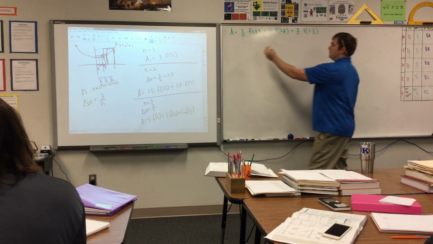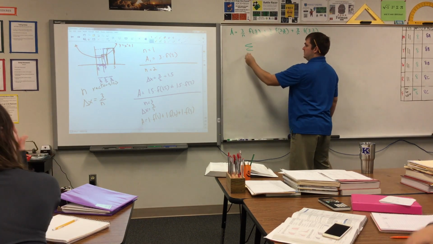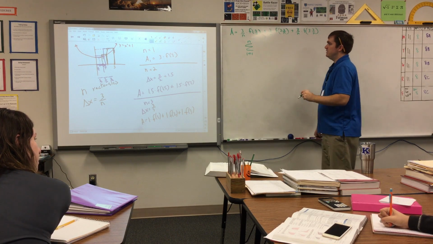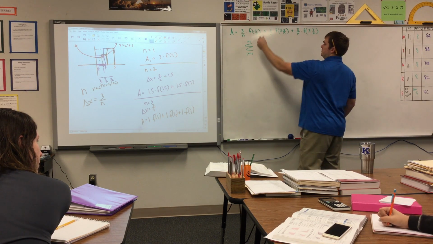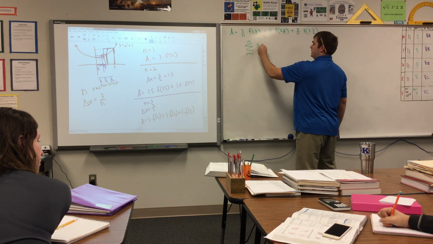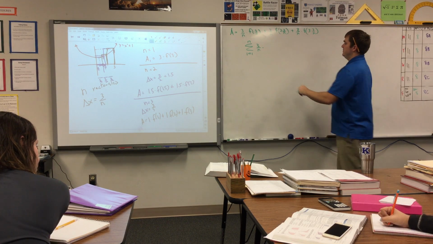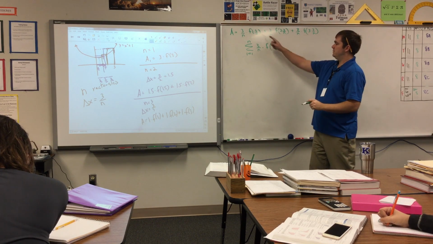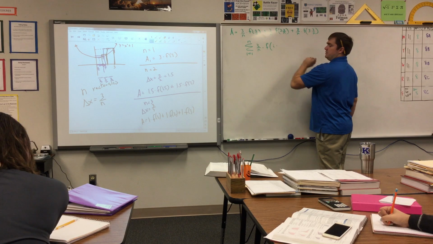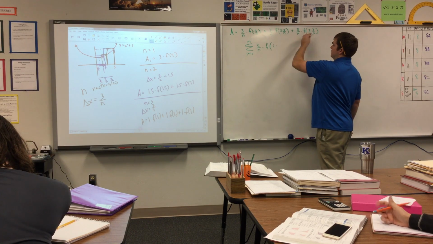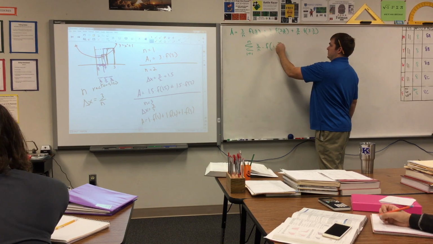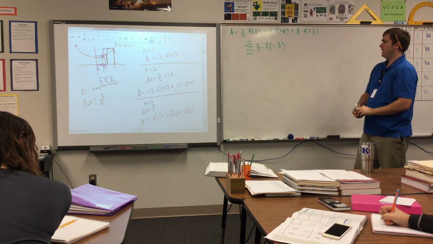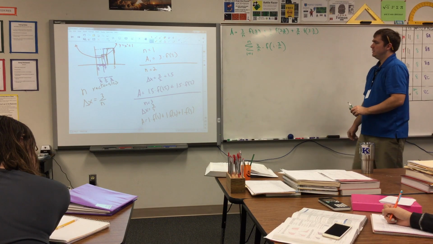Okay. So we could write this as the summation from i equals 1 to n of 3 over n times f of 3i over n. I'm going to put the i right here though, just to make it look like this: i times 3 over n.